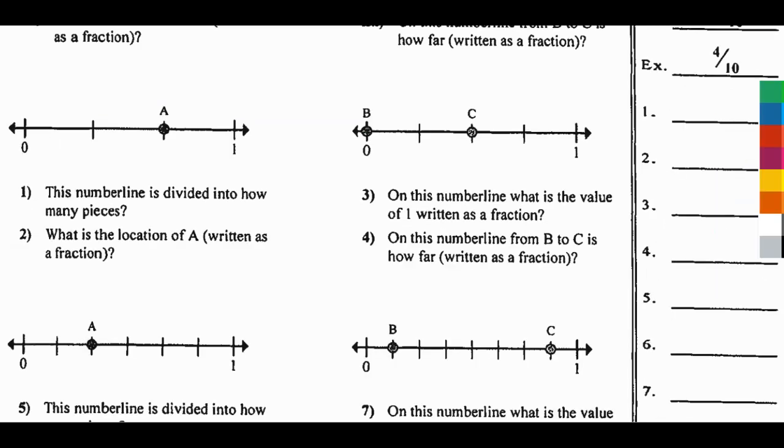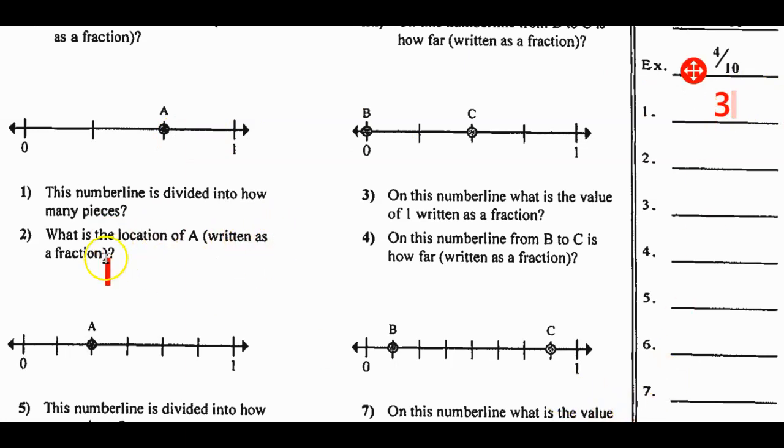Look at number 1. Okay, it says this number line is divided into how many pieces? So from 0 to 1, how much? Guys, from here to here. Can we say it louder? 3.